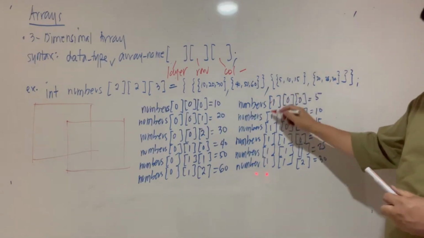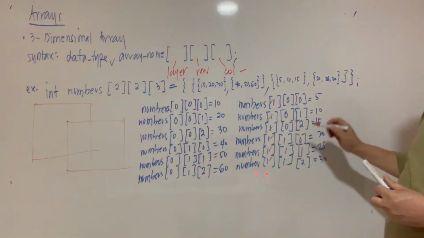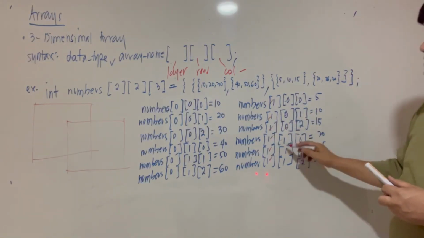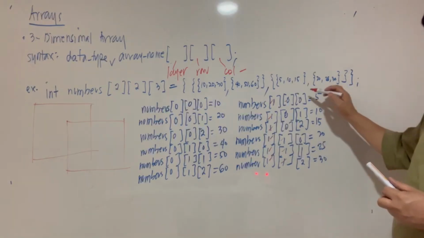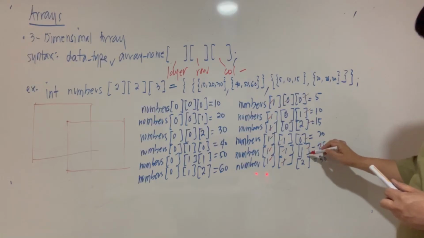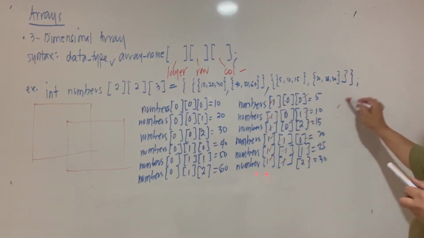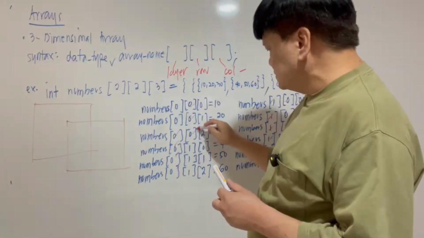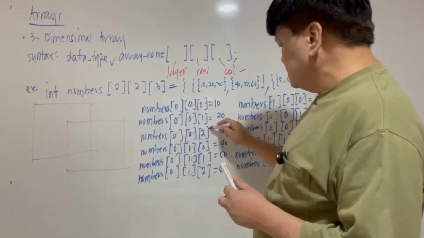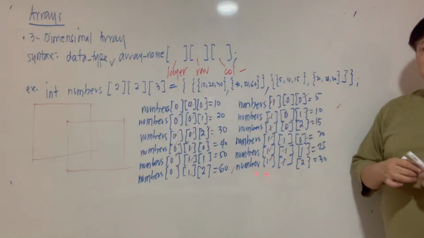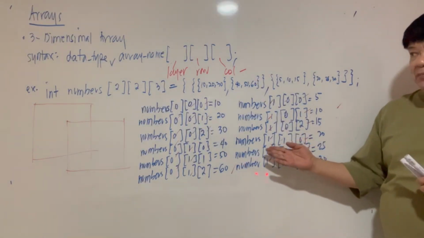So the second layer, with the first row and second row of the second layer, and then the first column, second column, third column. So this is for the three-dimensional array. Then I will be giving you an example program.